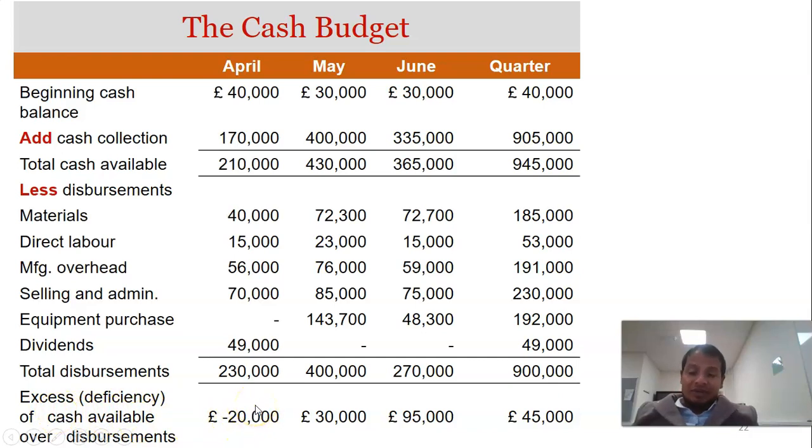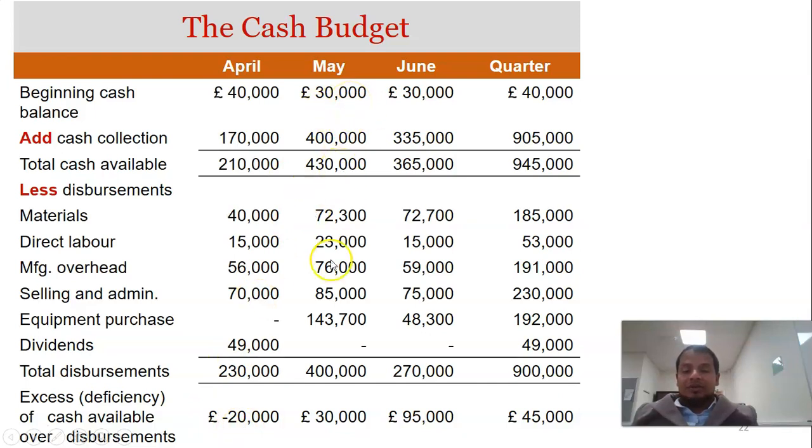Then if you have any option for getting a loan or something else, say you get a 50,000 loan, then you will have a balance at the end of 30,000, and this 30,000 is the ending balance of April and beginning balance of May.